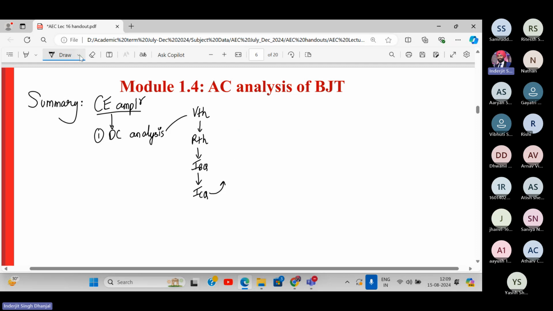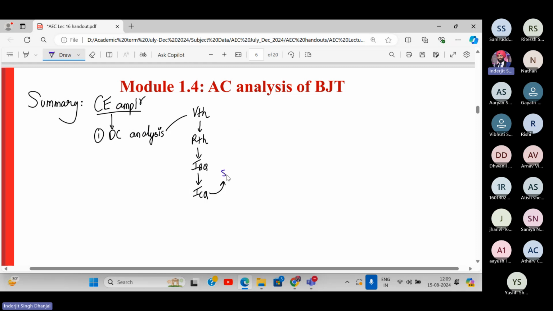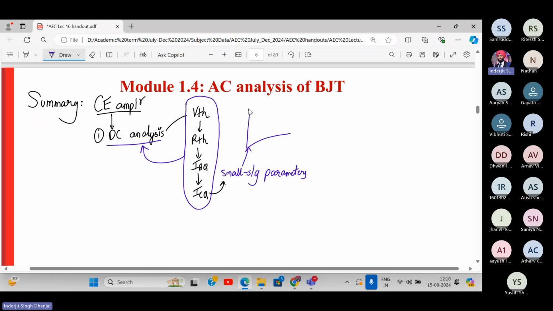Now from ICQ, you do something called small signal analysis. So you find small signal parameters. These all things we already know. This is DC analysis. What do you mean by small signal parameters? How many small signal parameters are there? Anyone? GM, R pi, RO.